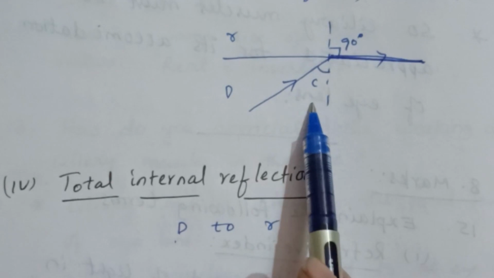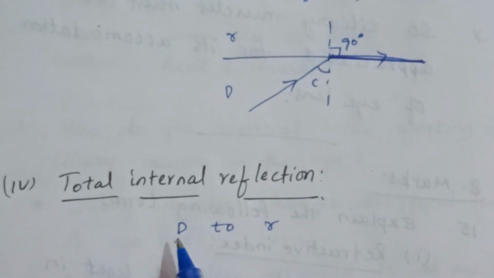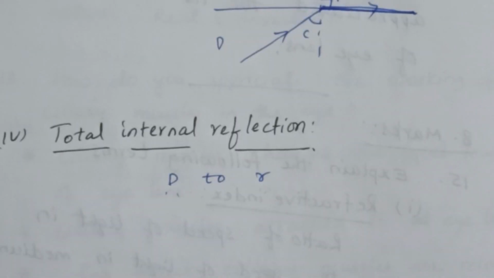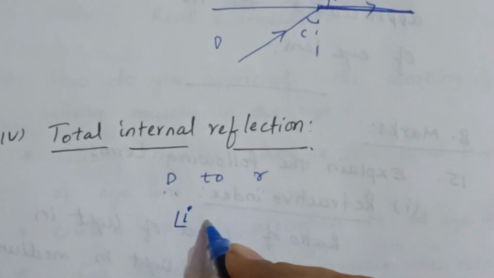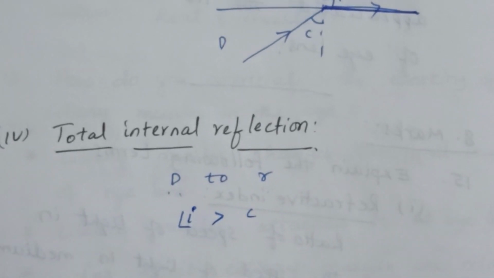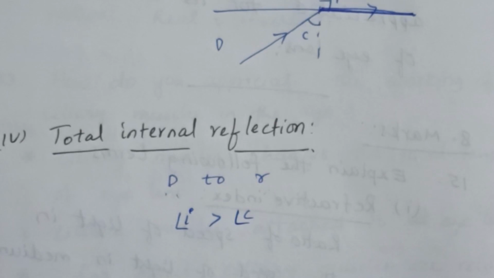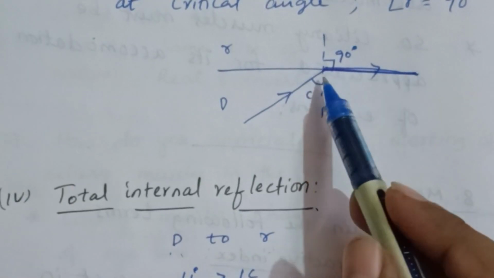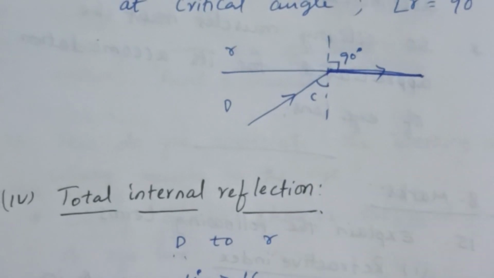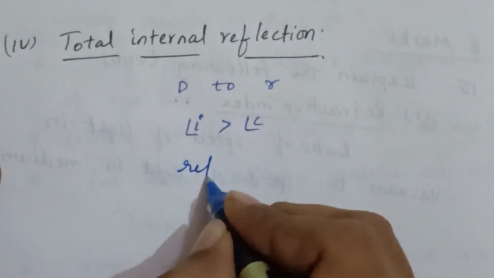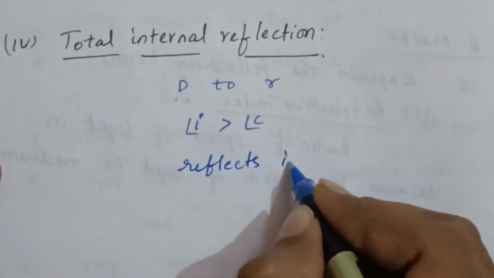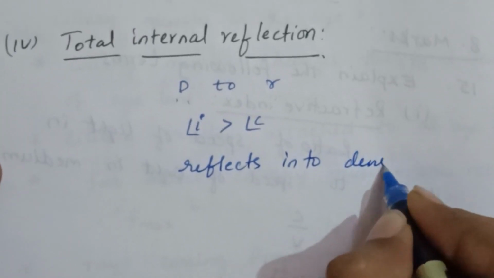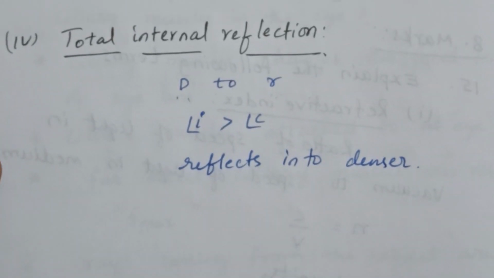Now, when the angle of incidence is more than the critical angle, the light ray will not enter the rarer medium; it reflects into the denser medium. That is total internal reflection.